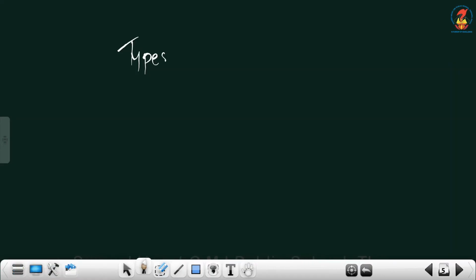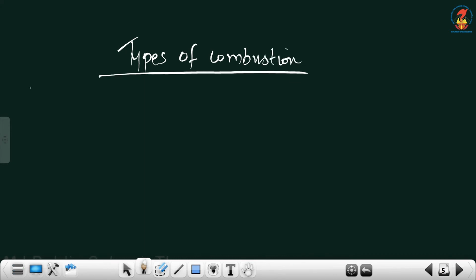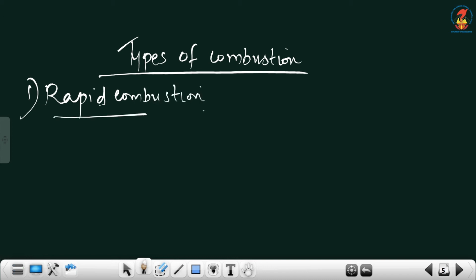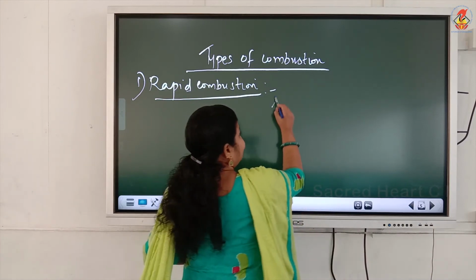Now, the next topic is types of combustion. First one is rapid combustion. In rapid combustion, a combustible material burns rapidly, producing heat and light.